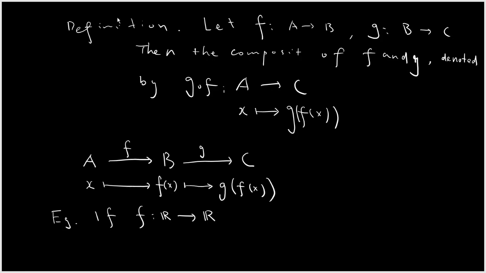R2 is the set of all the vectors with two components, right? If I give you the rule for F, how about every real number is mapped to the square of the number. Okay, so that's how I define F.